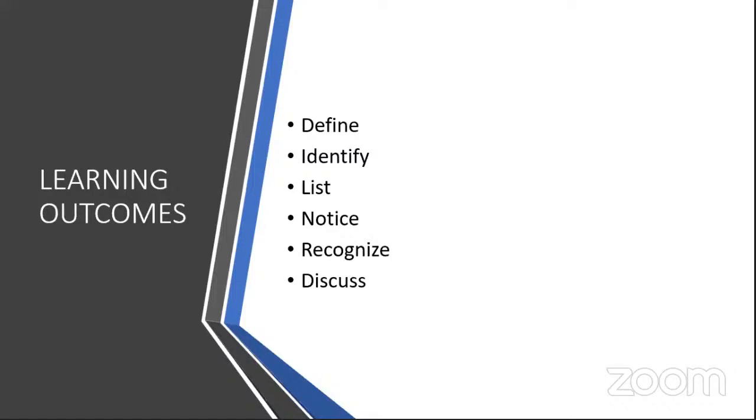Identify 7 principles of effective education and list principles of learning, notice teaching and learning aspects, recognize teaching learning system, and the final point in learning outcomes is discuss educational spiral.